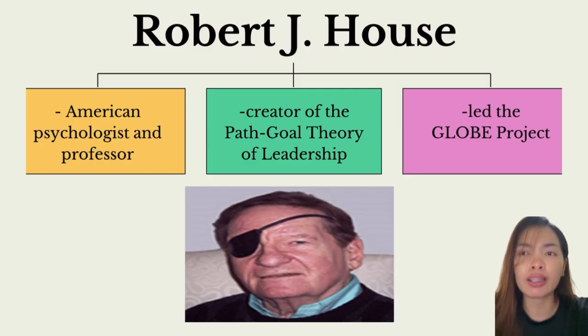He also led the GLOBE project, a big international research study that looked at how leadership works in different cultures around the world. During his career, he taught at top universities like the University of Pennsylvania and made a big impact on how we understand leadership in various settings.